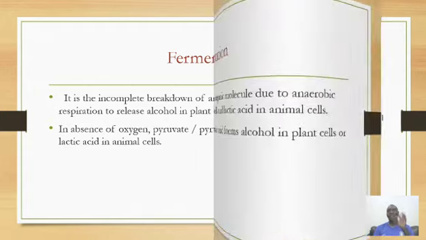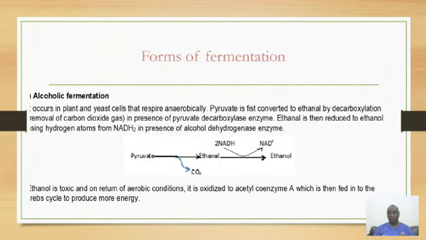Fermentation is of 3 different forms depending on where or which organisms it occurs. Fermentation can occur in plant cells, it can occur in animal cells, it can occur in some bacteria. Therefore, when it occurs in plant cells, it leads to formation of alcohol known as ethanol.